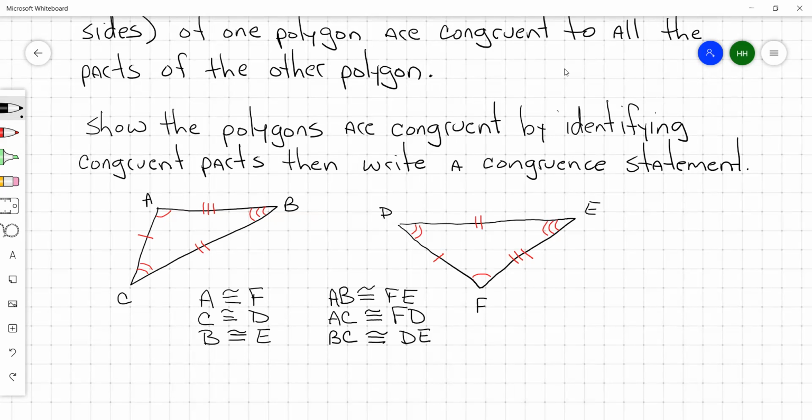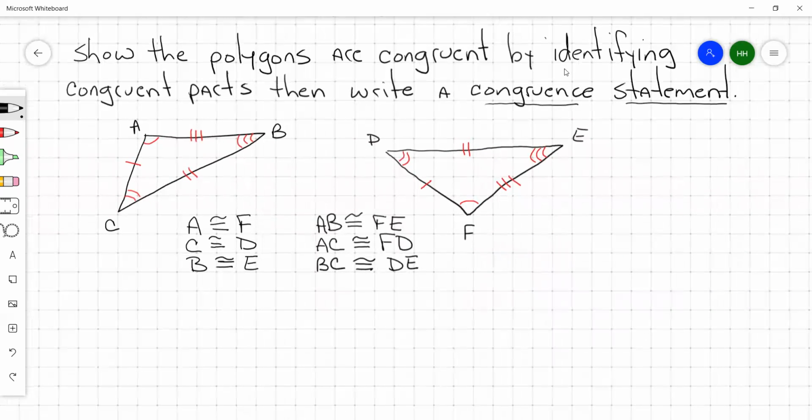The congruence statement. You can identify the triangle on the left by using its vertices. So you can call the triangle on the left triangle ABC is congruent to. And here's the most important thing about congruence statements.